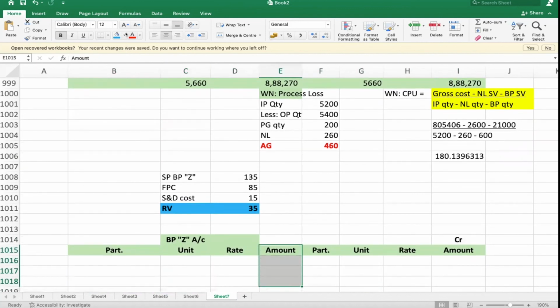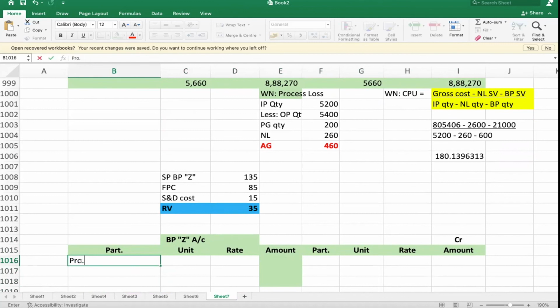With respect to byproduct, first you have to give the contra entry. Am I right? What about contra entry? To process 3 account.